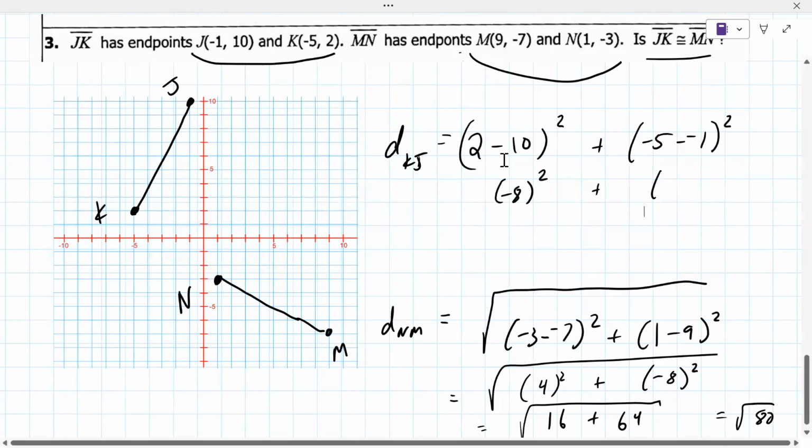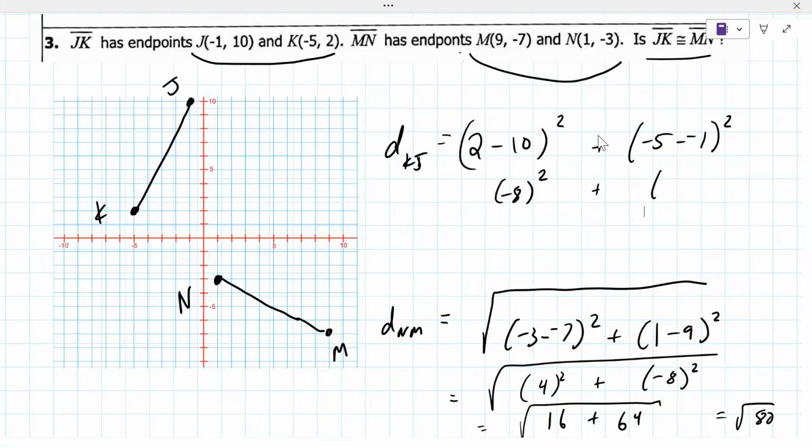Go ahead and redo the calculation. We kind of got it all up here. 80.